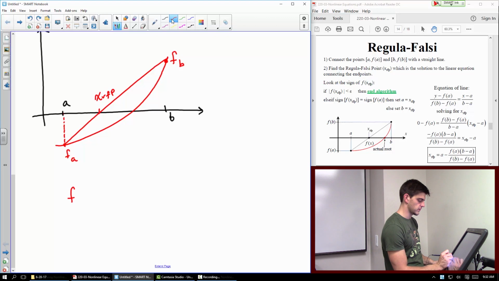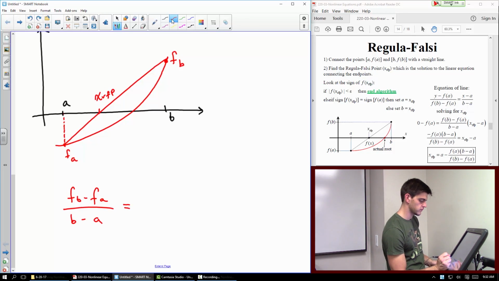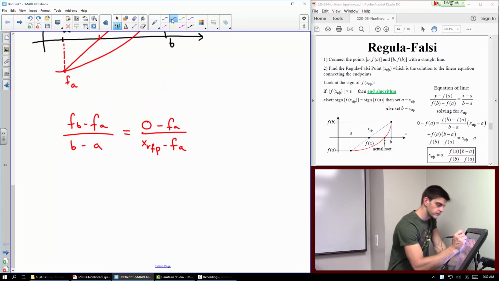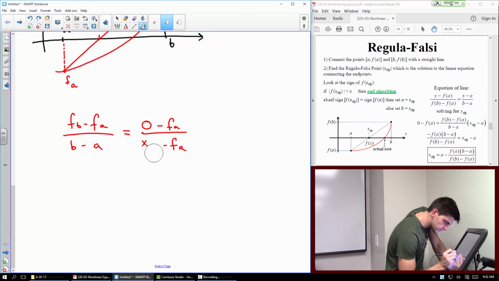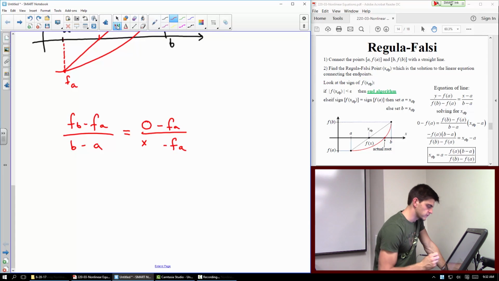So F sub B minus F sub A all over B minus A is the slope of that line, but it's a straight line. So that's also the same slope as 0 minus F sub A, divided by XRFP minus A. Wait, there's a mistake here. This is not F sub A, this is just A. Now, for simplicity's sake, let's just call this X. We can rearrange this now to solve for X, just cross multiply.